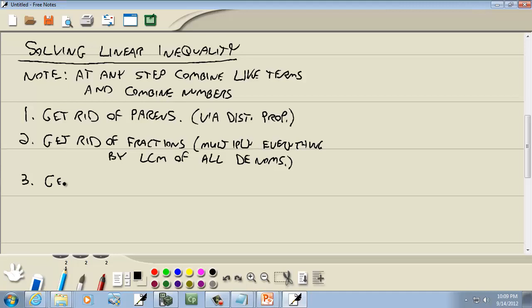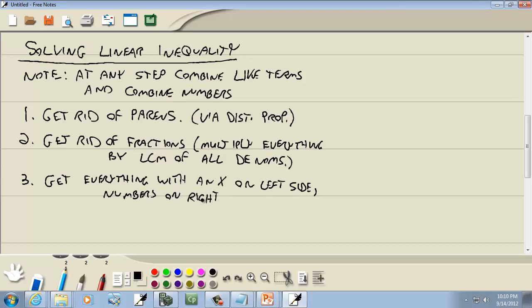Step 3, get everything with an X on the left side, numbers on the right. Technically, it doesn't matter which side you get it to, but if you go ahead and put X's on the left side, it'll match our table up above perfectly. You don't have to worry about flipping things around.